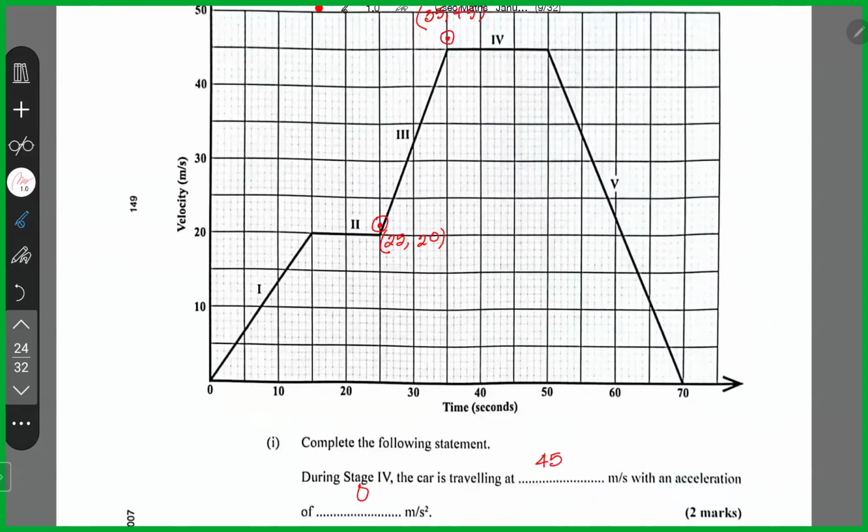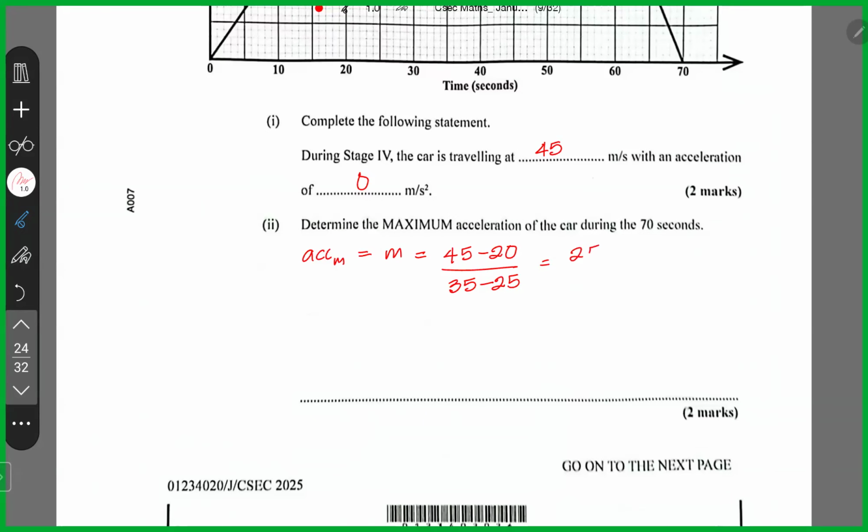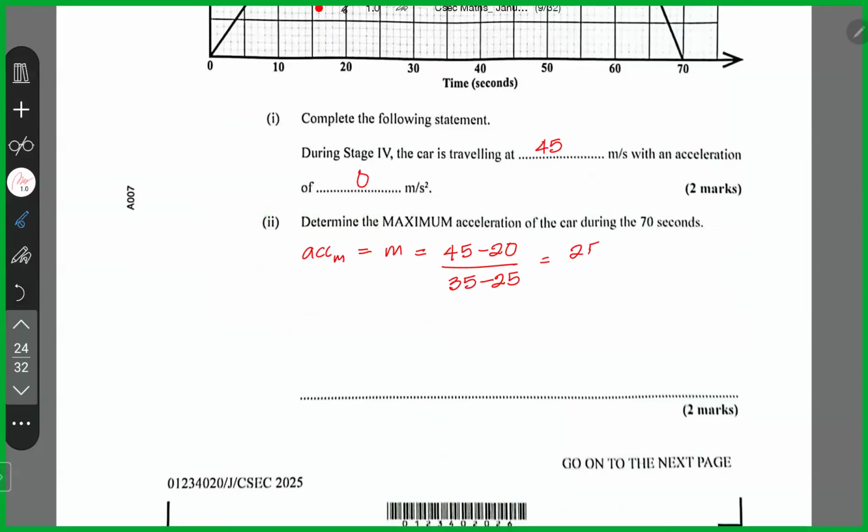And so this becomes 25 over 10 or 2.5 meters per second square. The unit for acceleration is meters per second square. The maximum acceleration is during stage 3 of the journey, where the acceleration was 2.5 meters per second square.